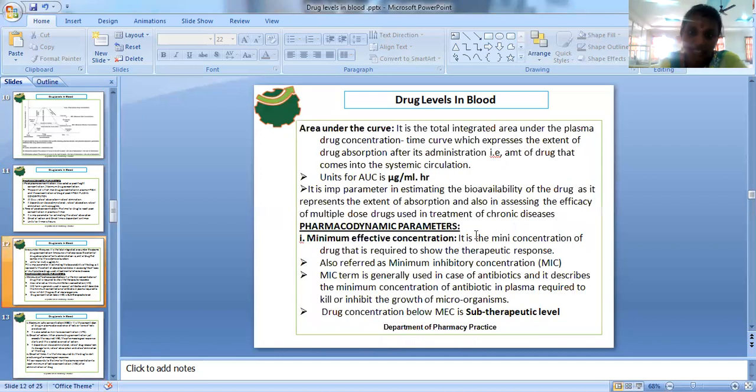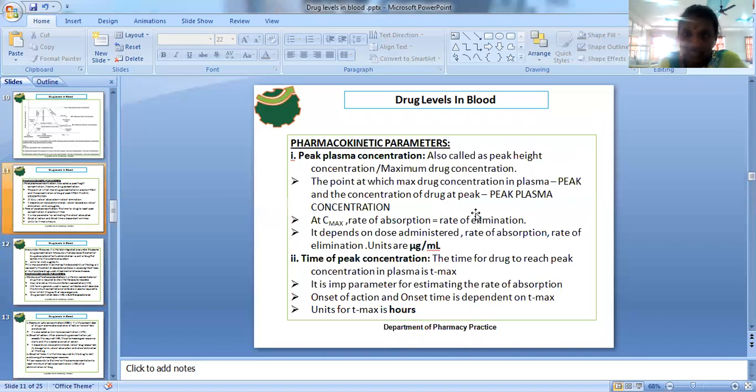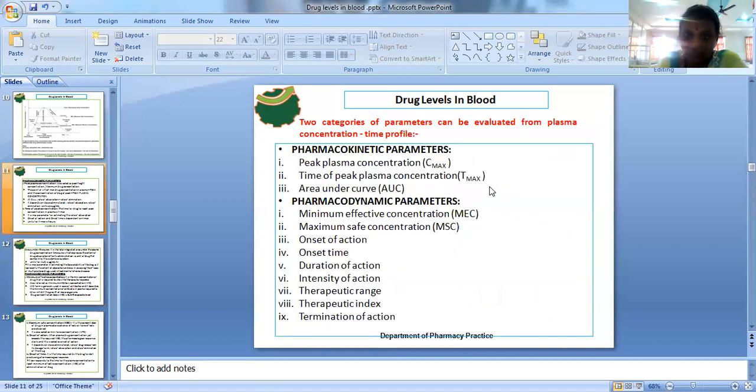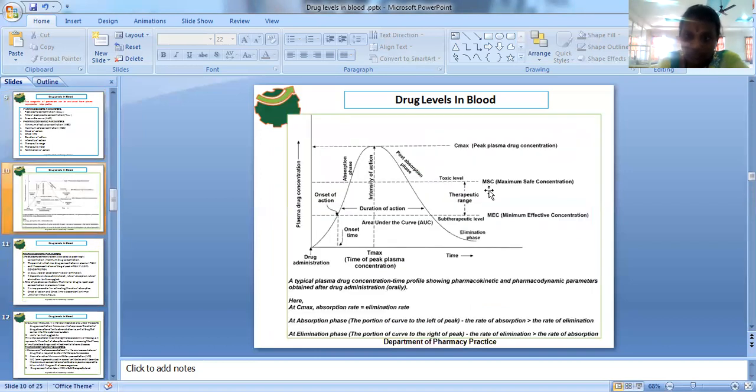If you see in the graph, this is the maximum safe concentration, also called the minimum toxic concentration, beyond which the concentration is capable of producing many toxic effects as well as side effects. That's why the level above it is considered the toxic level.